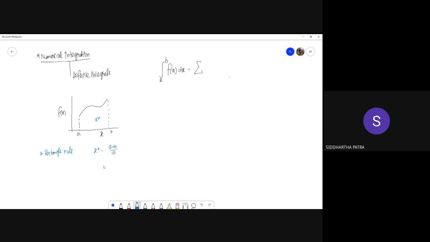And then we would evaluate the function. We would be given the expression for the function.